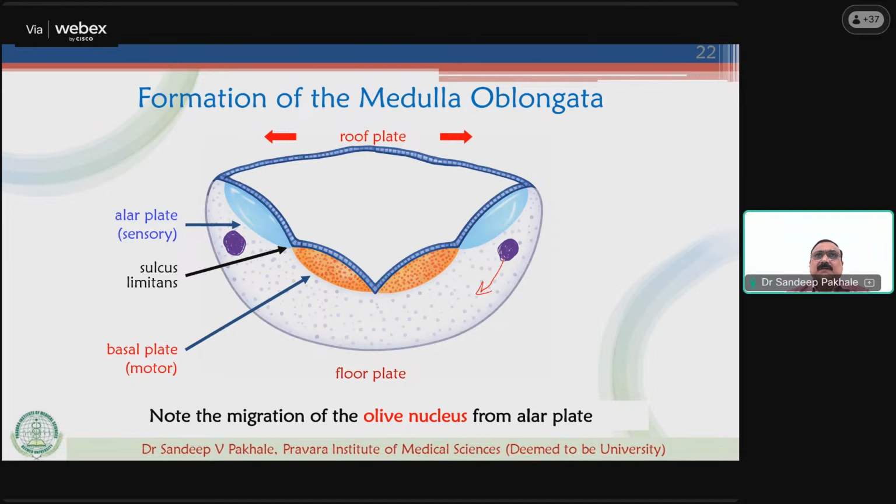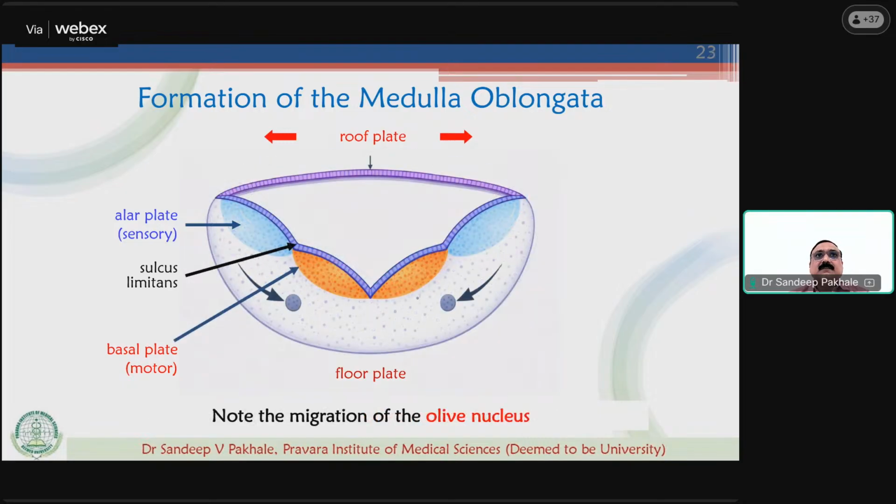An important feature in development of the medulla is migration of the olivary nucleus. Neurons of the inferior olivary nucleus originate in the basal plate region of the myelencephalon, and due to the effect of the pontine flexure, the eversion of the lateral walls, these neurons undergo ventrolateral migration.